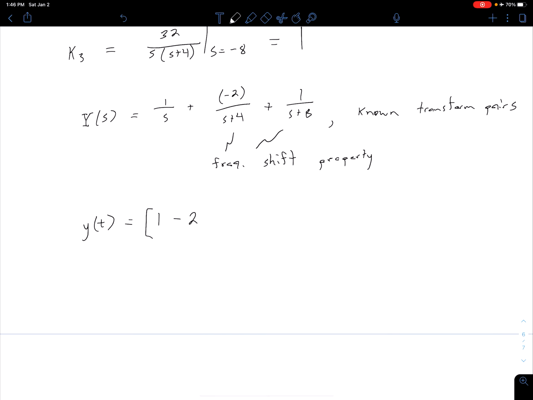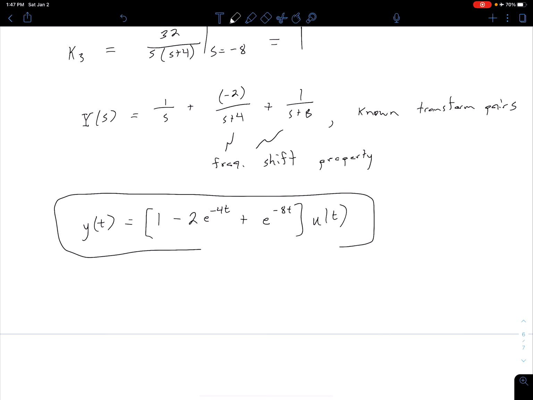We're going to have a -2, and then from our frequency shift property, an e to the -4t. And then finally, plus 1, and then from our frequency shift property, e to the -8t. Again, all of that I'm going to multiply by our step function, u of t. And so this would be the answer for our y of t.